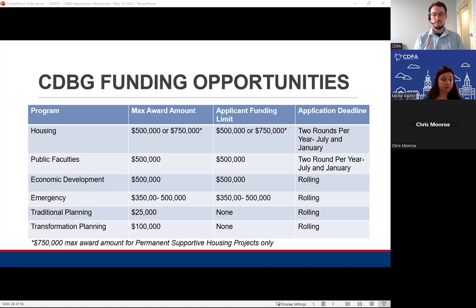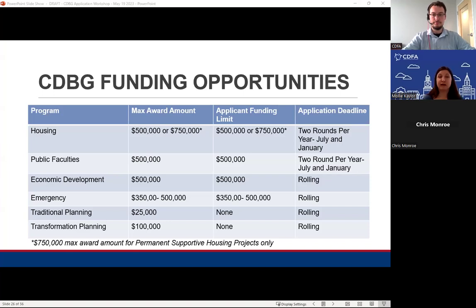For those programs, there is a maximum amount of funding per applicant that can be requested and then received. I have that listed in the chart that you see here. So for housing and public facilities, the maximum amount you can request is $500,000.